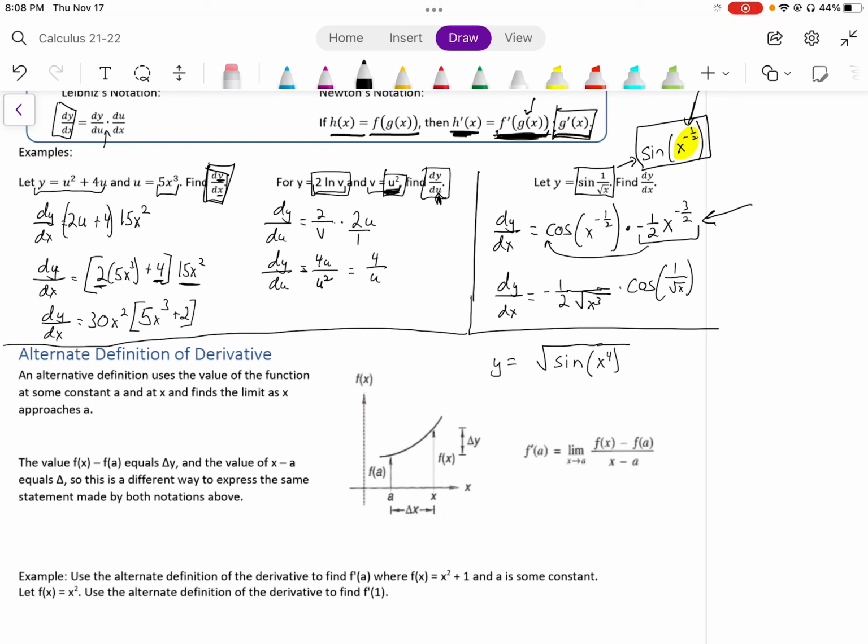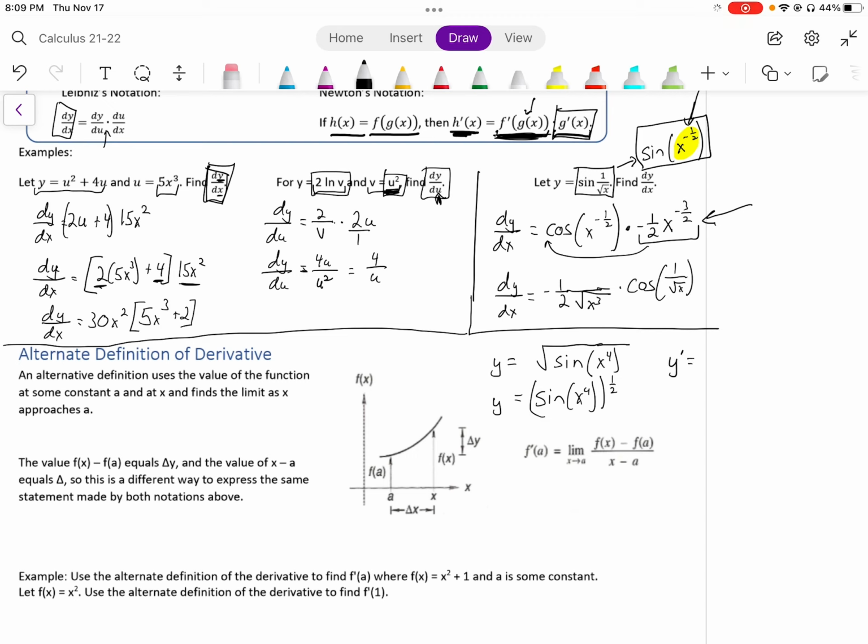So this actually is 3 functions, kind of. So let's rewrite this. Remember that this is sine of x to the 4th, to the 1/2 power. Now we have to be careful. We can't do anything with this 1/2 and the 4. They can't combine. So if I want to find the derivative, I'm just going to put y prime.